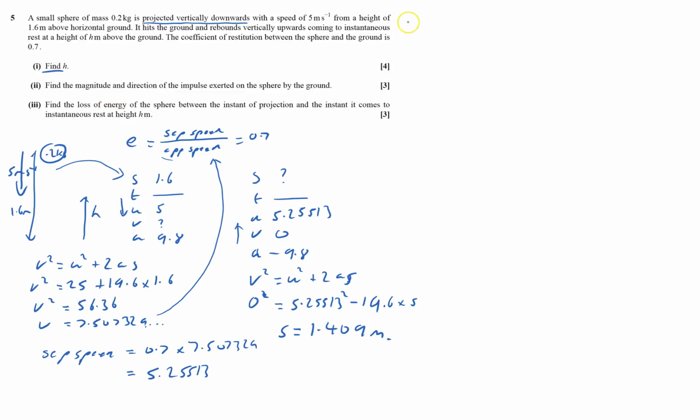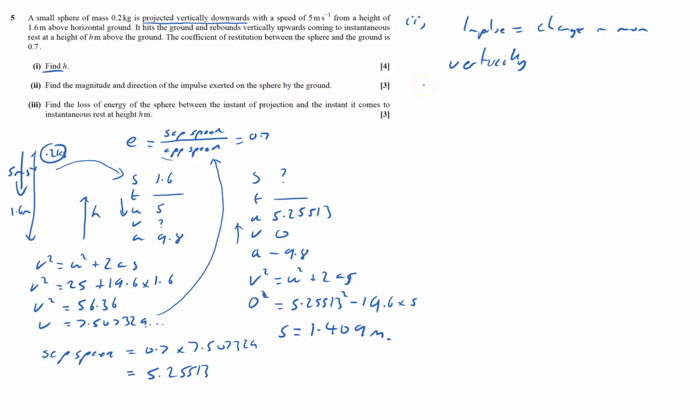And now part 2, up here, I've got to find the magnitude and direction of the impulse. So impulse equals change in momentum. The impulse is going to be vertically upwards, because it's asking for the impulse exerted on the sphere by the ground.